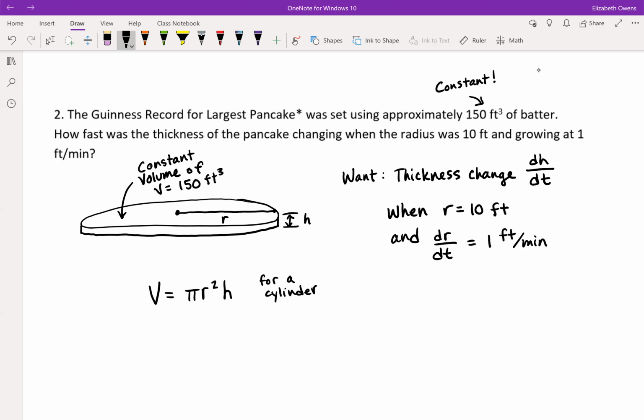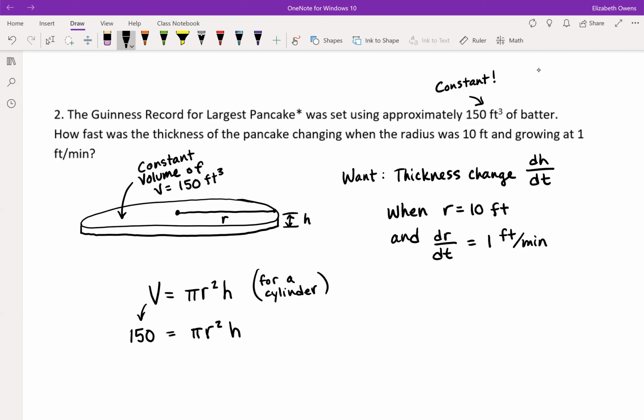That's why there's that page of geometry formulas, just in case you need to refresh. In our case here, we can put that the volume is 150 cubic feet. So 150 equals pi r squared h, since that is constant after all.